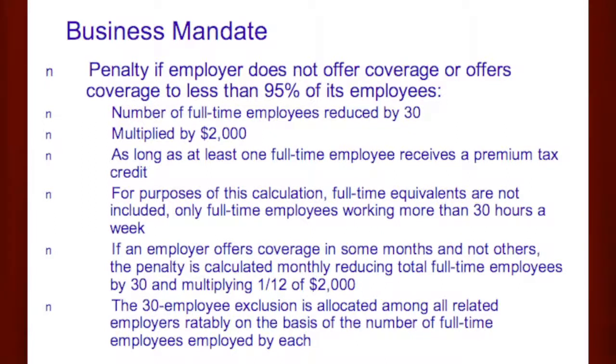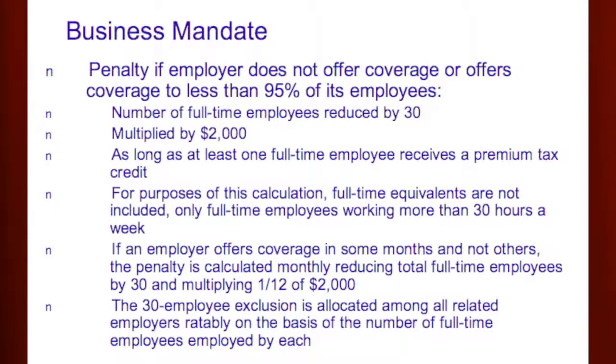So let's look at the penalty. How does the penalty work? Here we're assuming that there is no coverage provided, because there's a different penalty approach if no coverage is provided, and then another penalty approach if coverage is provided and it's not considered to be affordable.